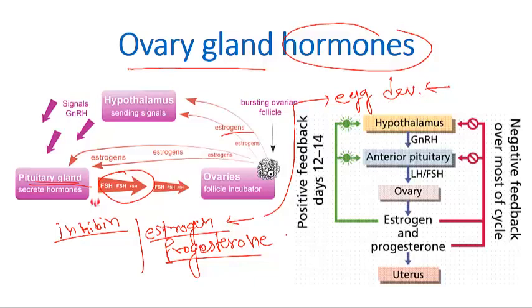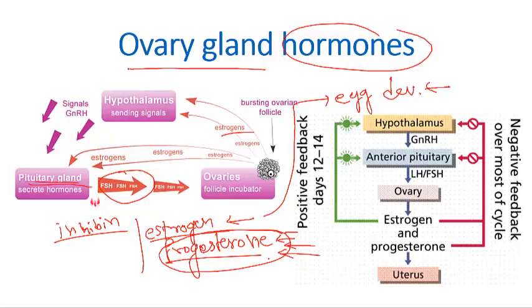While progesterone is important after the ovulation process only, and progesterone only secretes after the ovulation and maintains the integrity of the uterine lining, and it also acts very well during the pregnancy to prepare the body for pregnancy and also keep maintaining that environment so that after the implantation of the egg it can grow and develop into a proper embryo.